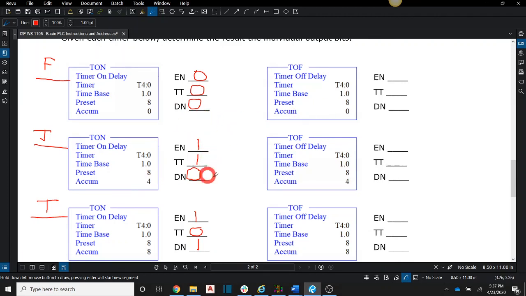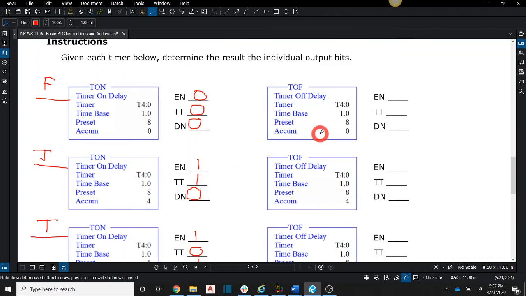And those exact same states are all the states that a time off delay can be in. So we're going to examine the time off delay now. Looking at these two values, I know that the timer is in a reset mode. The only way that this is going to be reset for a time off delay is if the rung coming in here is true.